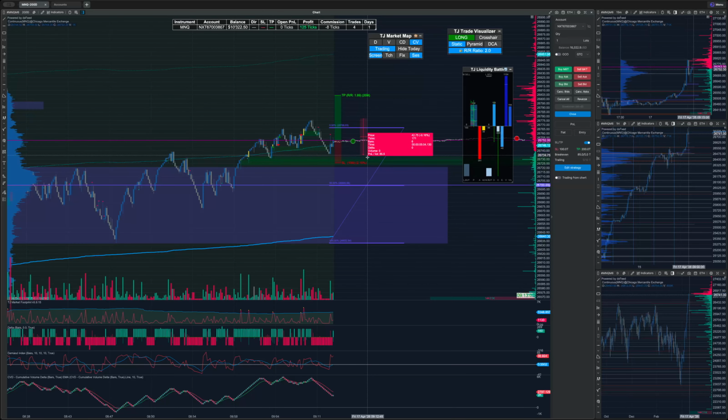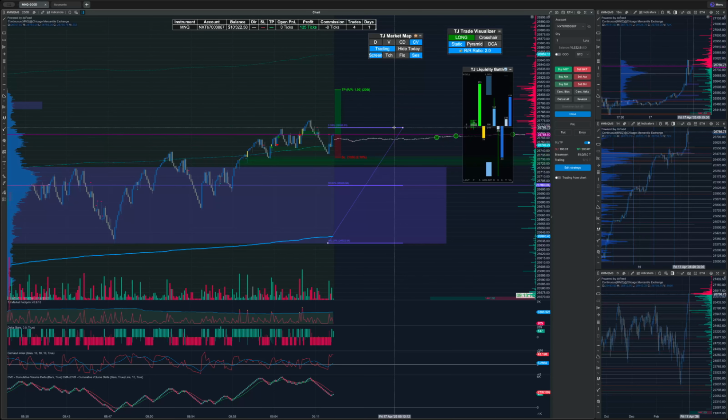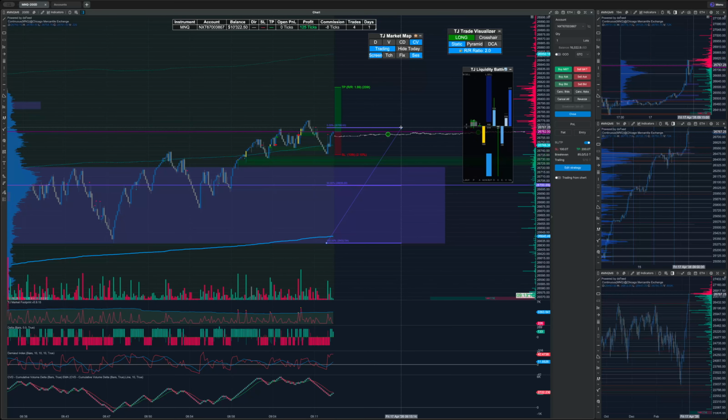Trading in that range here, probably interesting, but risky. I want to see a clear structure. Okay, I'm going to go on mute again and let's see what the market brings.